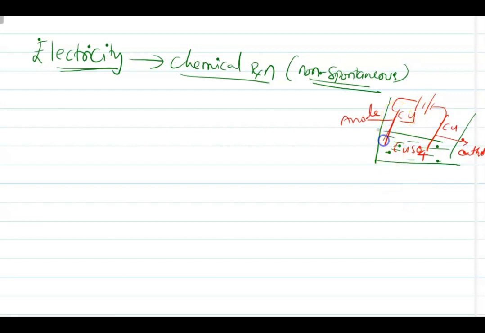At our anode surface, copper is converted to copper plus 2 by loss of 2 electrons. That means whatever copper is present in this anode will slowly dissolve in copper sulfate and form copper plus 2, losing 2 electrons. This copper plus 2 will move from one end to the other, attracted towards the cathode. At the cathode, this copper plus 2 will take up 2 electrons and form copper.